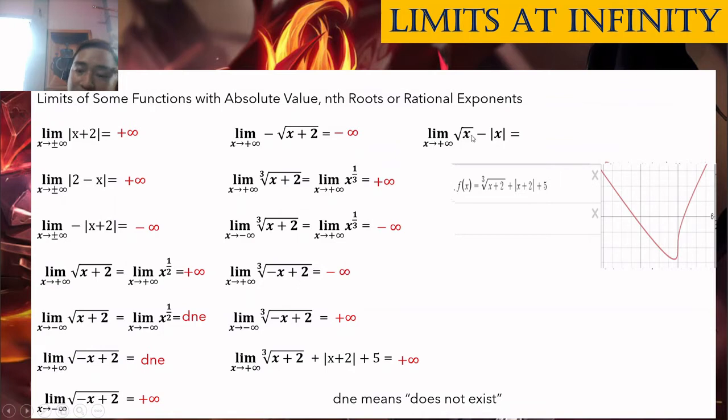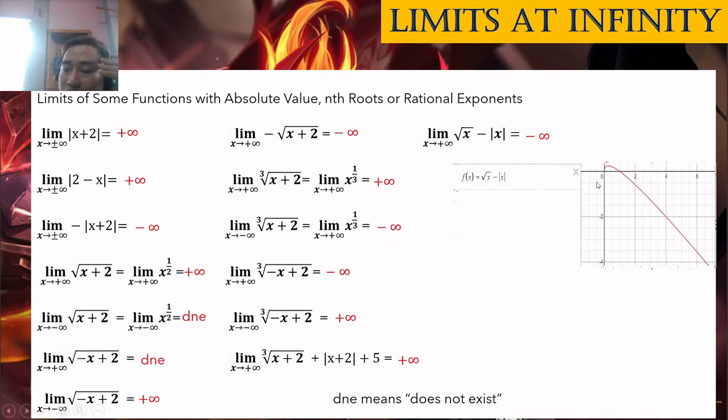For example, if x is 4, the square root of 4 is 2, minus 4, because the absolute value of 4 is 4. So the answer, class, is always negative. So the answer is negative infinity. The graph for that is this one. We can see, class, it goes downward as x approaches positive infinity.